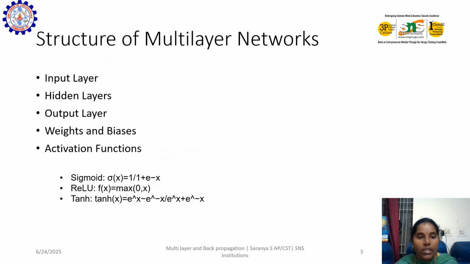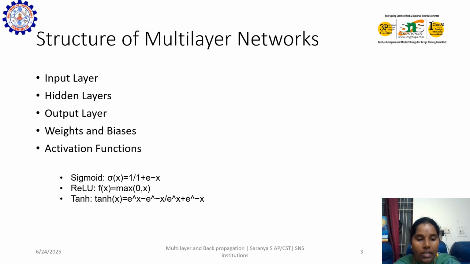It consists of five components in multi-layer networks. The first one is the input layer, the second one is the hidden layer, the third one is the output layer, the fourth one is the weights and biases, and the fifth one is the activation functions. The first one is the input layer.